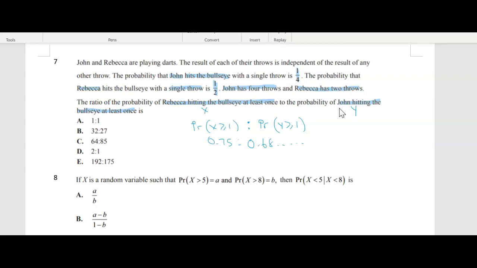Now, as you can see, it's not any of these ratios, but we can do process of elimination. I know it's not going to be A, and I know it's not going to be D. 1 to 1 would mean they have to be the same. 2 to 1 would mean the first one would be twice as big. The first one is also bigger, so you want your first number in your ratio to be bigger, so it can't be C either.